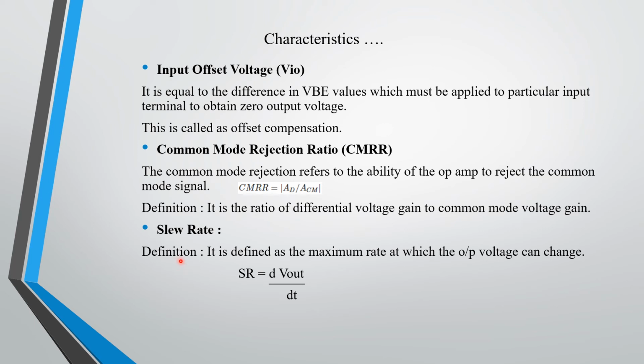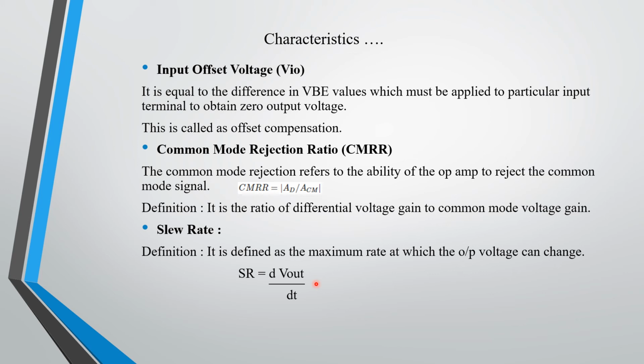Moving ahead to the next one, slew rate. Again one of the most important characteristics. Slew rate is the maximum rate at which the output voltage can change. So slew rate is equal to the derivative of output voltage. Ideally it is 0.5 volts per microsecond.